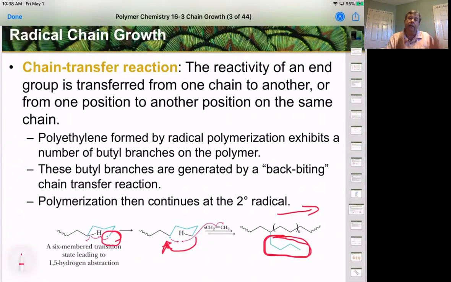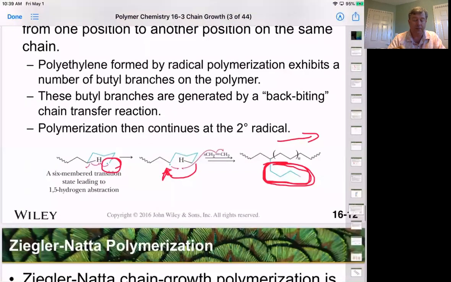Okay, so now that they learned how that backbiting reaction works, they can control it to have more or less of that chain transfer right here to make it either more dense or less dense. So we can get a bunch of different chemistries from that.